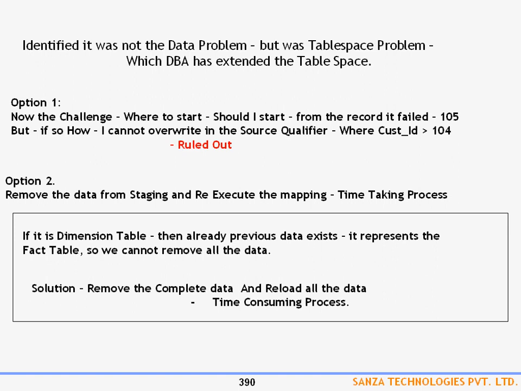You face this problem in projects, in the production environment or in support. Generally, they delete the complete data in the dimension and fact tables, and from the backup they reload it till the previous day and reload everything. It is a very time consuming process.